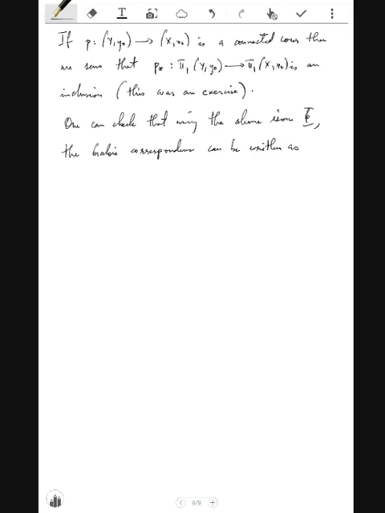So one can check that using the above isomorphism phi, the Galois correspondence can be written as from covers of X to subgroups of Aut of p tilde, which is isomorphic to subgroups of the fundamental group.